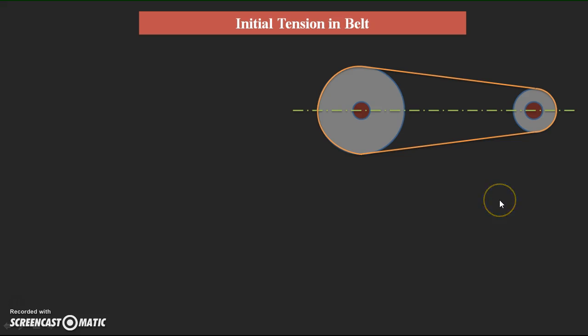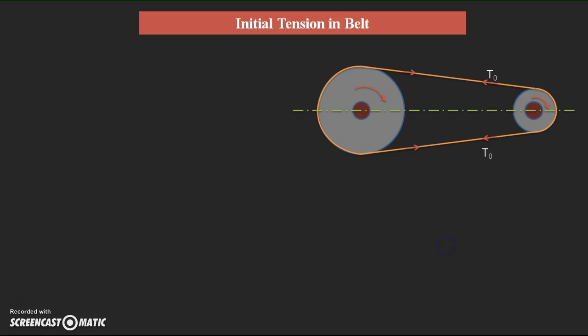So due to mounting the belt with a particular tightness, it can face a particular tension in the belt even in the stationary condition. So assume the initial tension before starting the power transmission as T naught on both sides. On the tight side and the slack side both are equal because it is in the stationary condition.